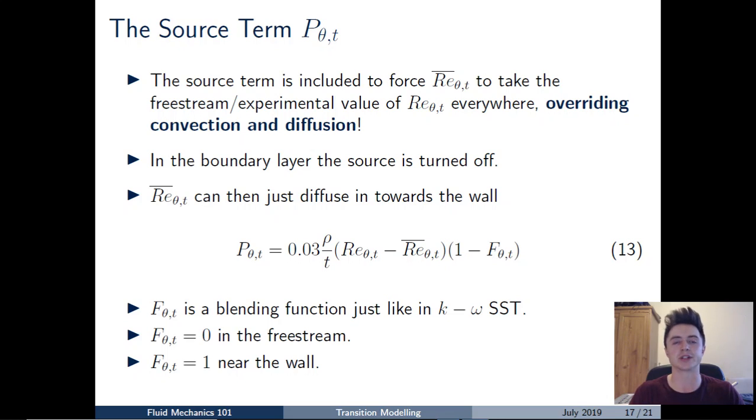So in effect, what we're going to get with our field is a constant value everywhere in our domain equal to Re-theta t, but then in the boundary layer where we're interested, this production term is turned off and we're going to get a diffusion towards the surface.